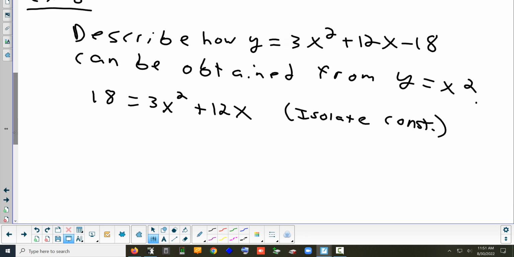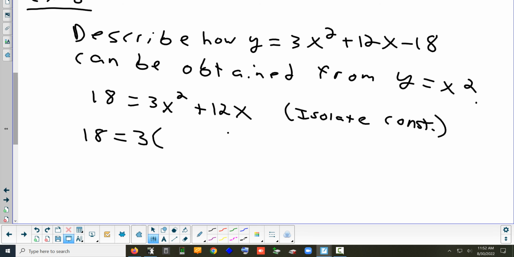The next step is to complete the square. The coefficient of the x squared term has to be a 1. It can't be anything besides a 1. What's the coefficient of my x squared term right now? 3. I don't want a 3. So I need to pull the 3 out, but it only affects the right-hand side. It doesn't affect anything on the left.